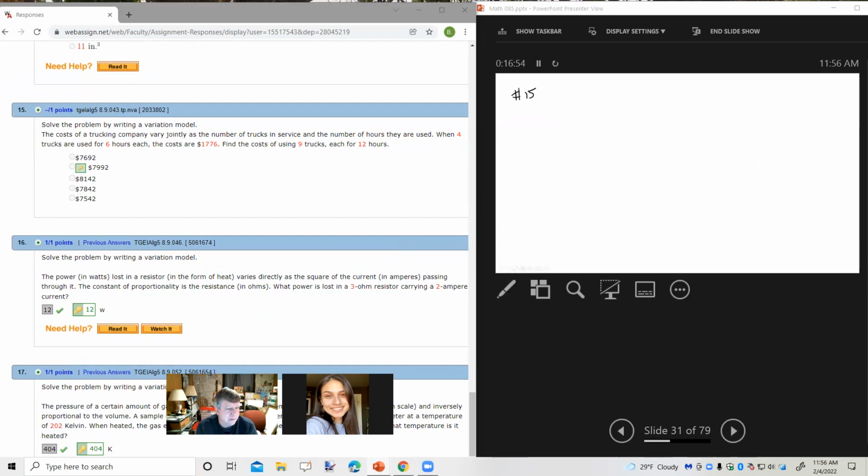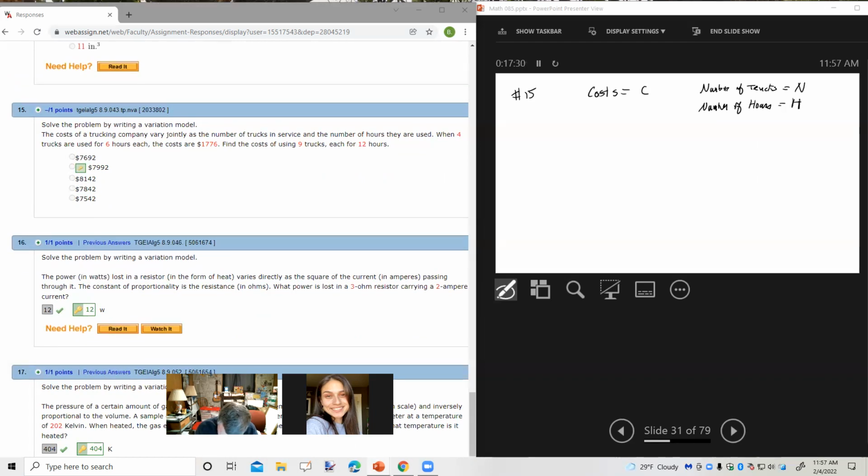Solve the problem by writing a variation model. The costs of a trucking company, so costs will be C, varies jointly as the number of trucks in service. If we call the number of trucks n, and the number of hours they are used, number of hours is going to be H. Joint variation, right?